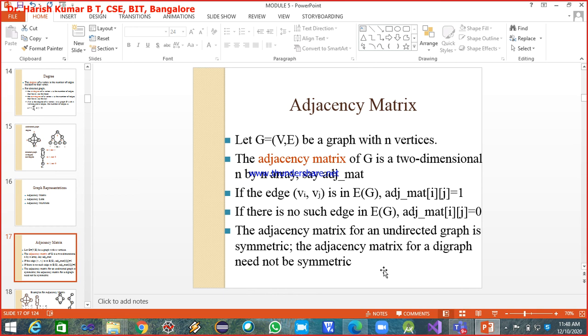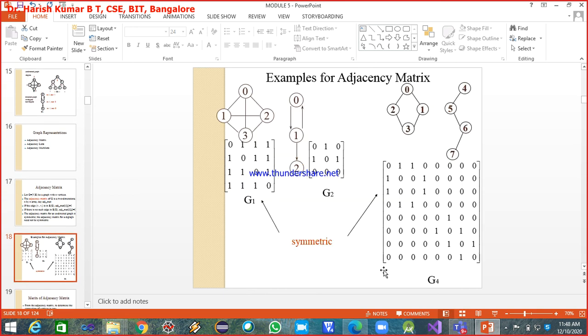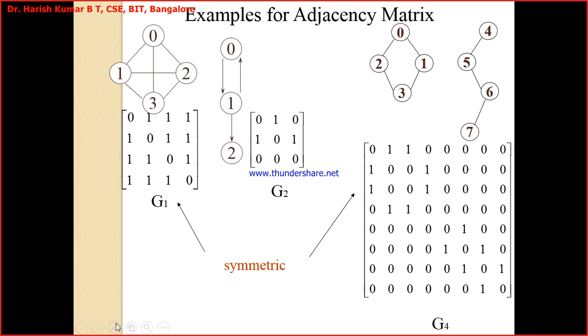Now with this input, next we are going to see how the adjacency matrix is written for various graphs. I have 3 graphs here, G1, G2 and G4. G1 is one graph, G2 is another graph, and G4 is one more graph.